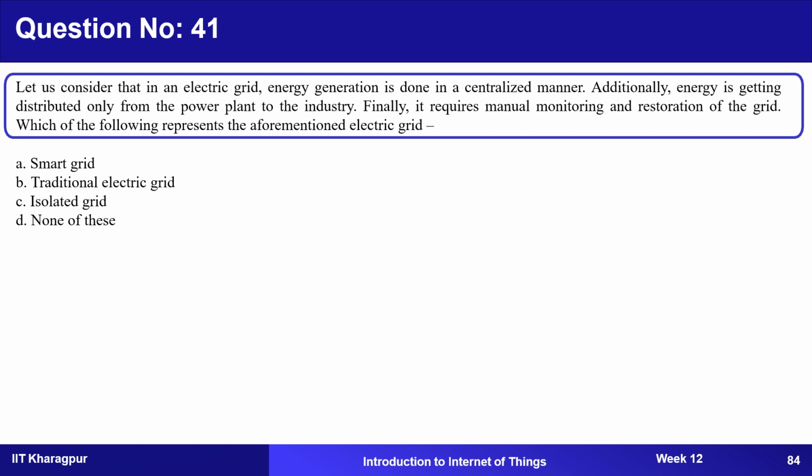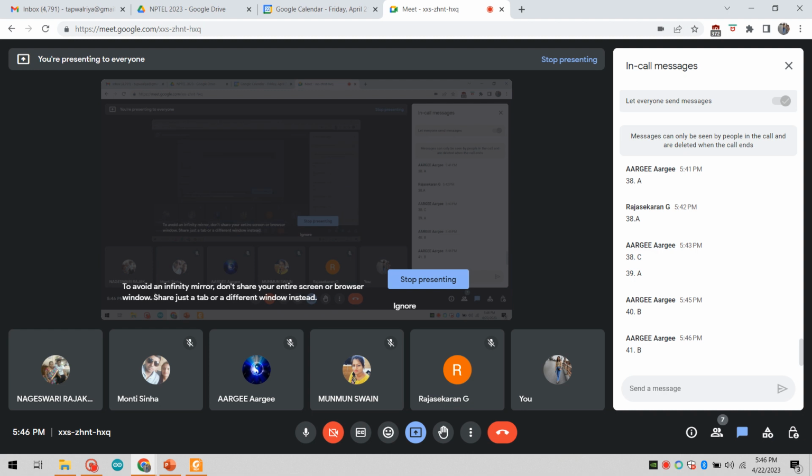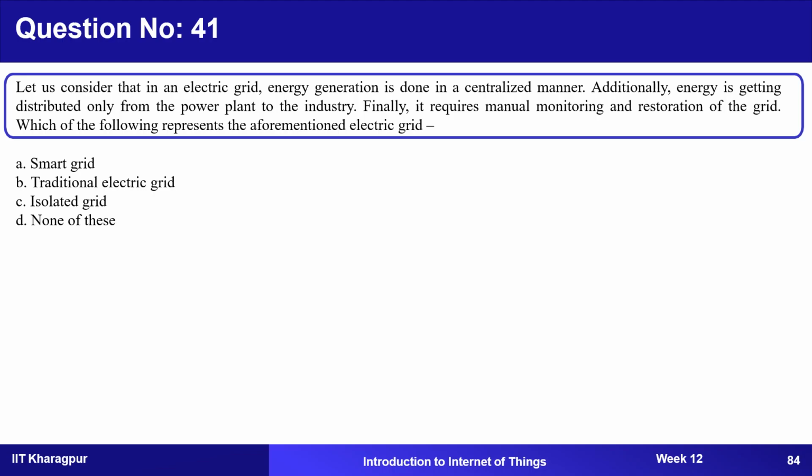B, ma'am. Traditional. Okay. Anyone else? B. Yeah, so the correct option is B.